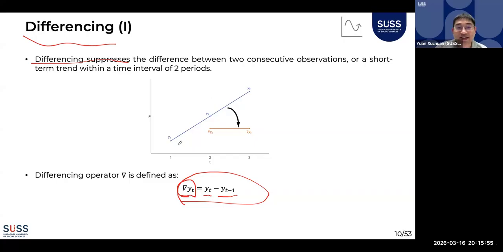If you look at this illustration, here we have a trend, right? Y1, Y2, and Y3, it is a trend. But if you do a first order difference, then the trend could become constant or stable, a stationary time series.